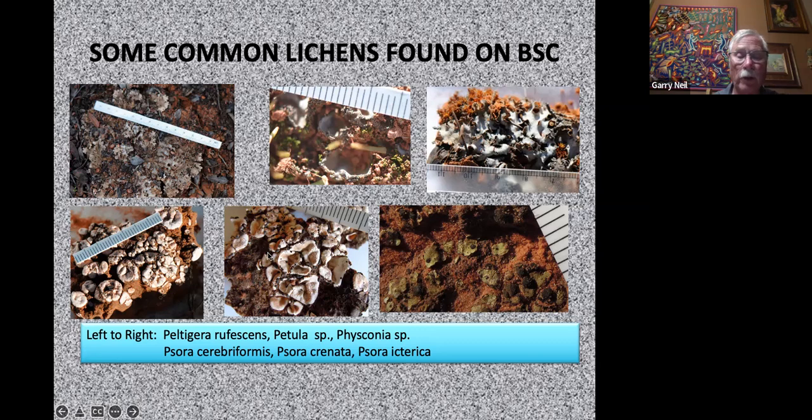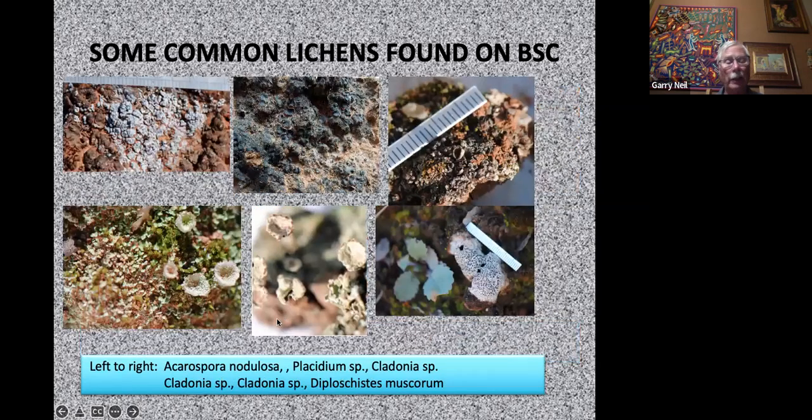And here's another Psora with a little black reproductive structure, same genus. And here's another one that is a Psora. Again, and these are squamules. And again, it has little black structures. This one is very pretty. When it rains, it actually just turns the soil green. And you take a hand lens, you take a look at it, it really is a neat organism.